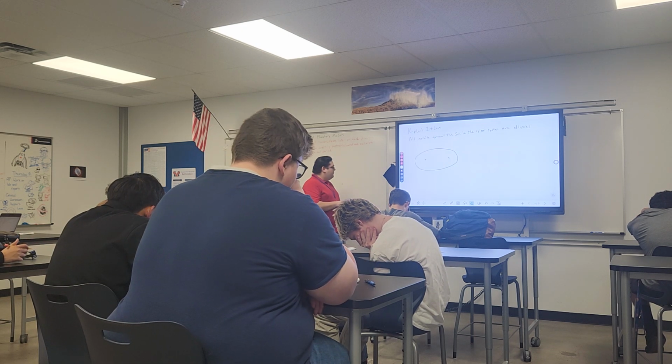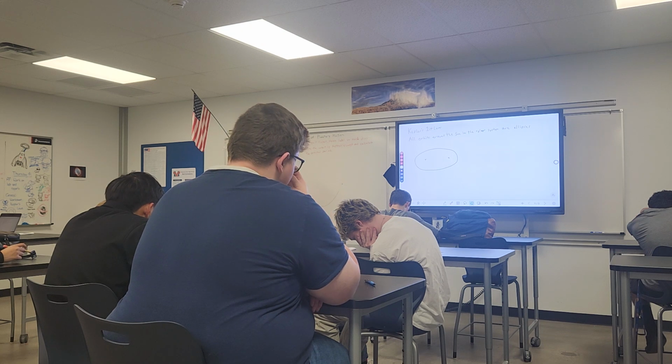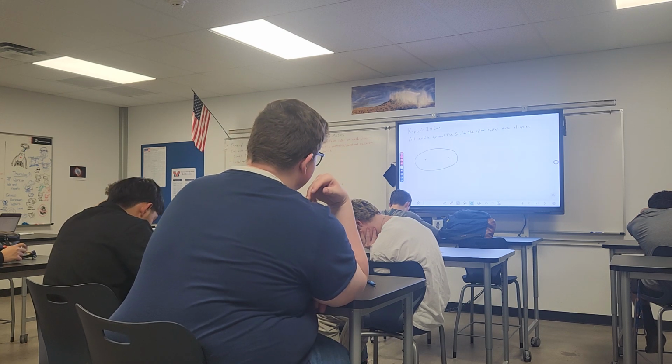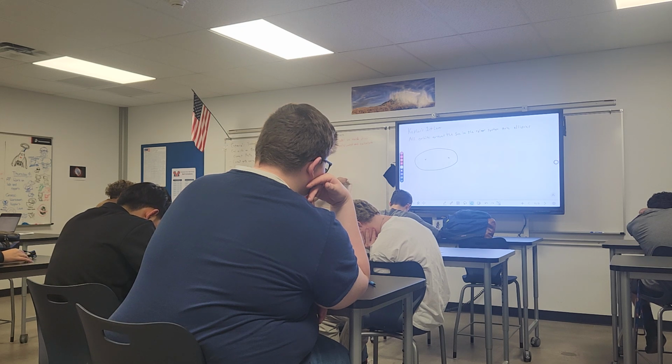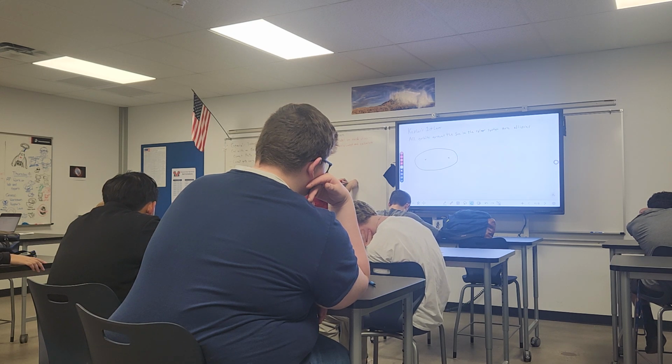To show an example of that, here's how you can physically draw an ellipse using a bit of string and some tape. So you start like this, and you go along the edge of the string, flip it, and stay in place.